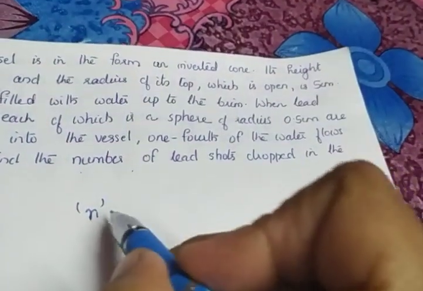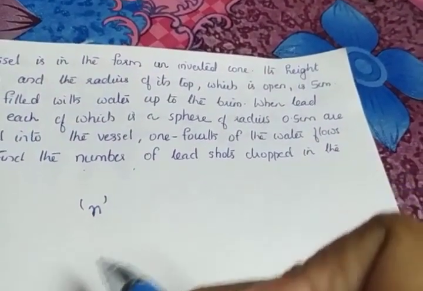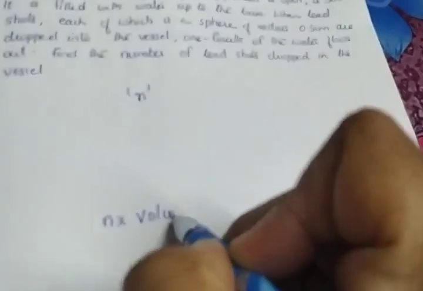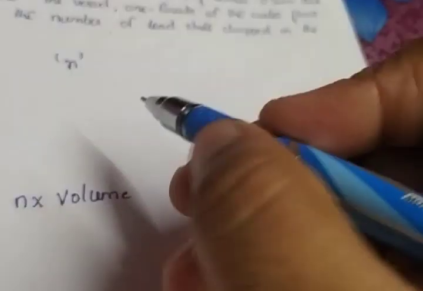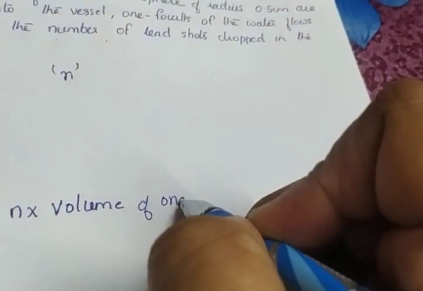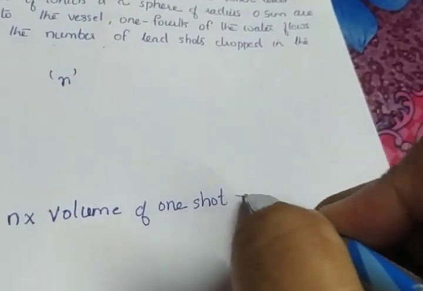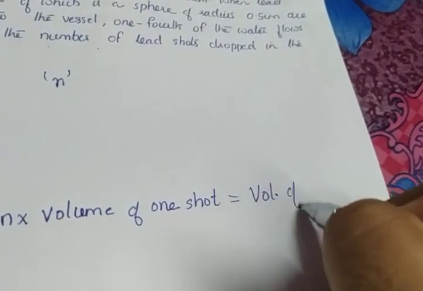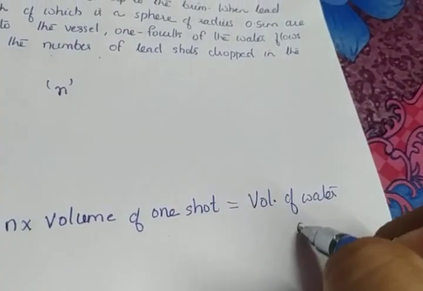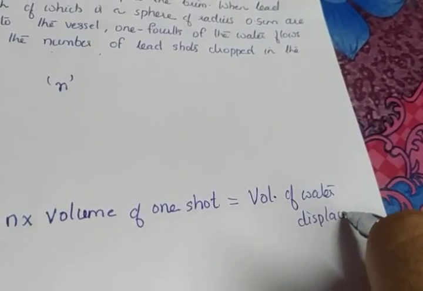Okay. If n is the number of lead shots, the relation is n into the volume of one lead shot will be equal to the volume of water displaced. Isn't it?